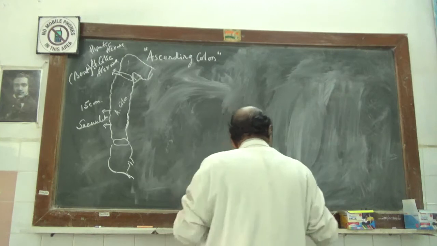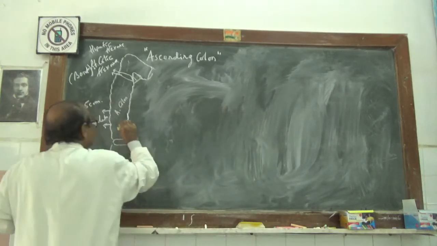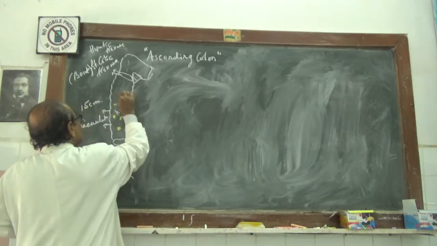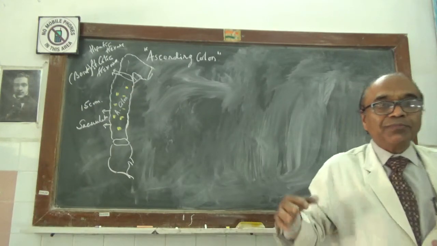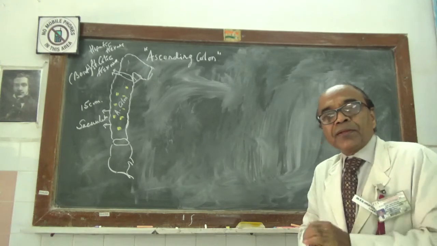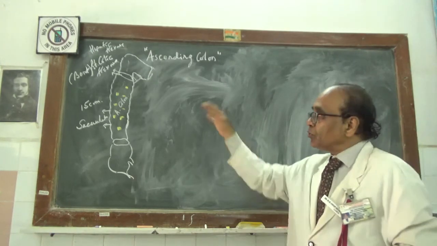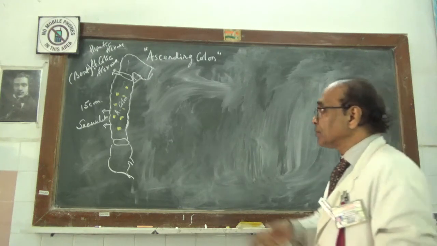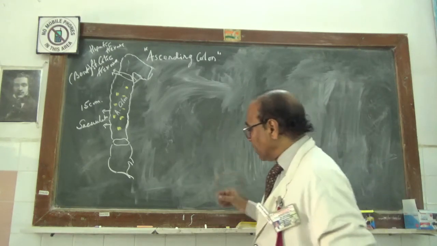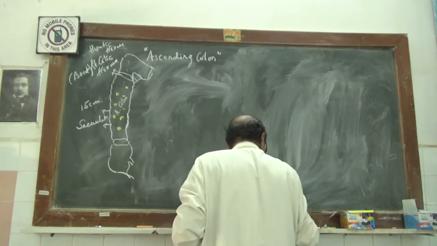Apart from that, it will have appendices epiploicae. These are fatty granules present on the peritoneal portion which covers the ascending colon, which is a part of the large intestine. Apart from that, you will have the taenia coli.